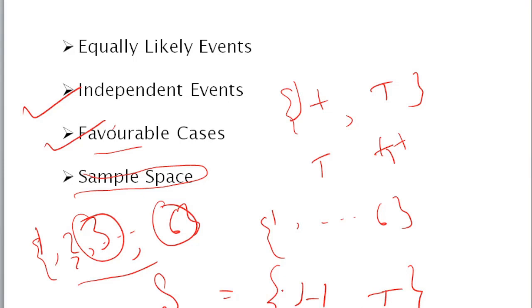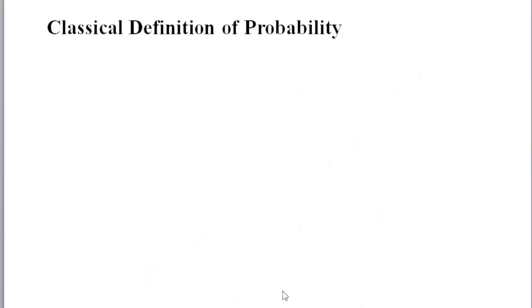Next we are going to the different definitions of probability. The definition of probability can be classified into 3 categories: classical probability, statistical or empirical probability, and the last one is axiomatic probability.